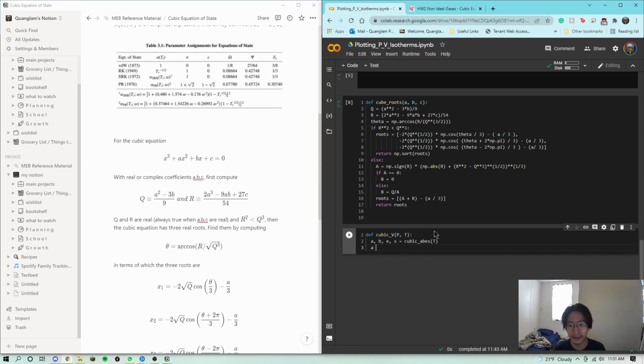Let's get into this. The hardest part about this is just not making a mistake when writing everything down. Okay, so let's do this. So we'll want to return cube underscore roots. Okay, and let's do this one thing at a time.